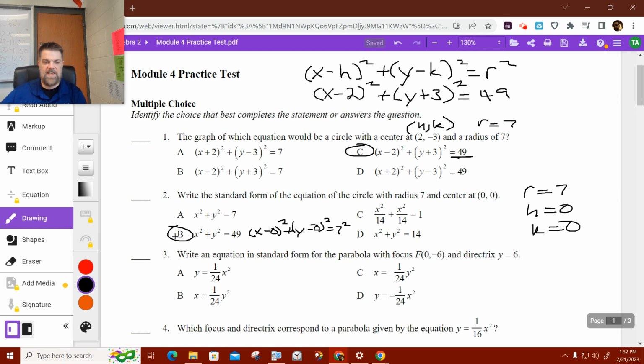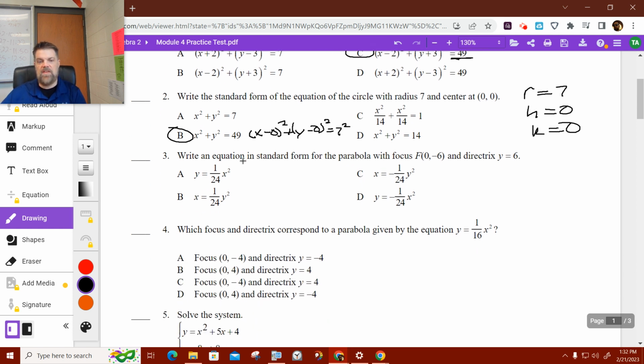So now this next one, it says write the equation of a parabola in standard form. And it gives us that the focus is 0, comma, negative 6, and the directrix is y equals 6. So let's figure this out.